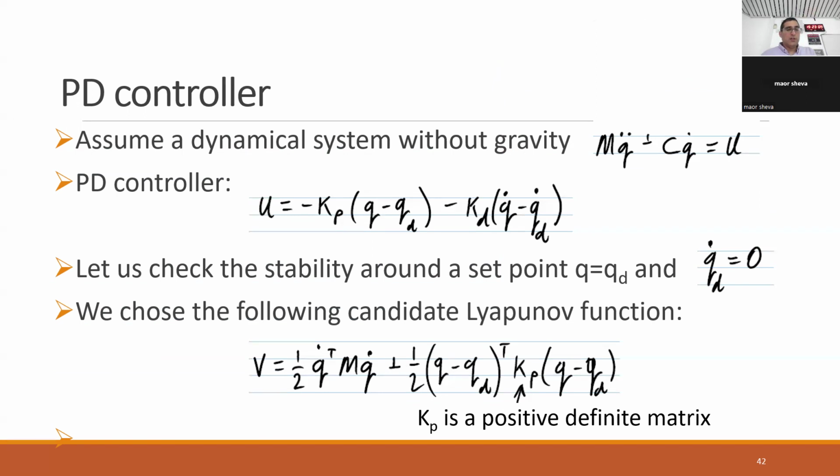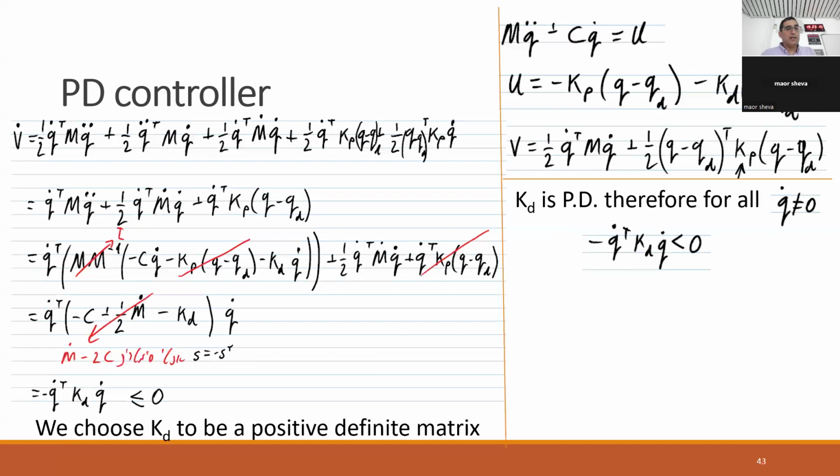So I need to take the derivative of V, of the Lyapunov function, with respect to time along trajectories. So on the right, I have the dynamical system, the input, the controller, and the Lyapunov function. And Kp and Kd are positive.